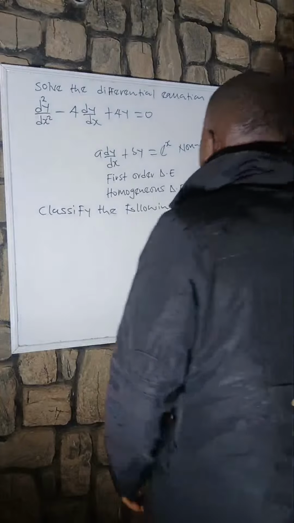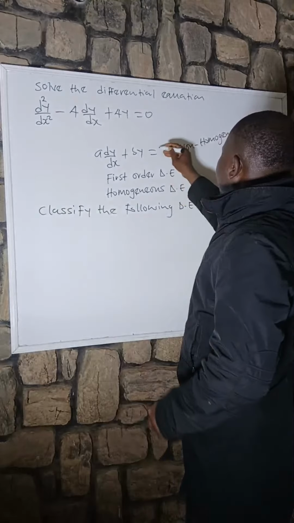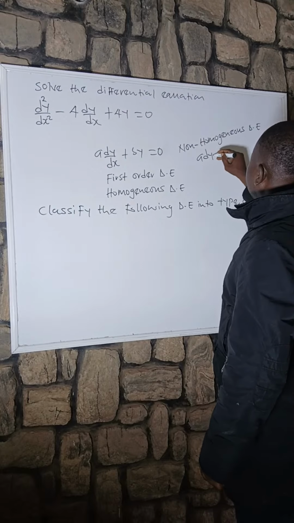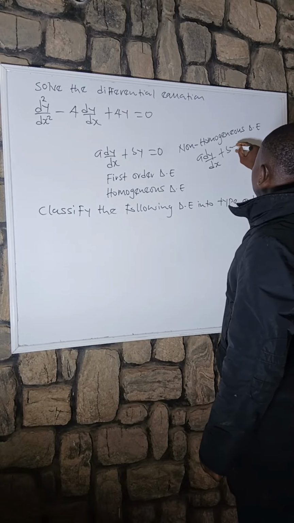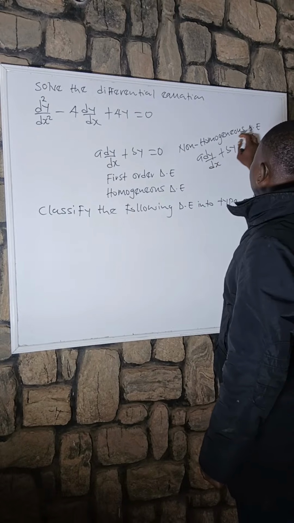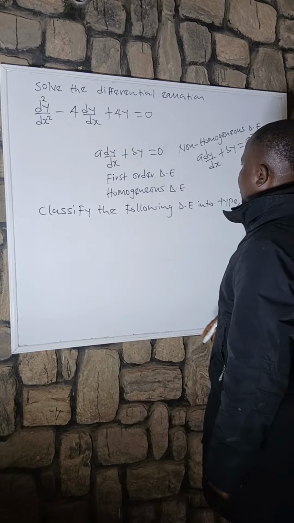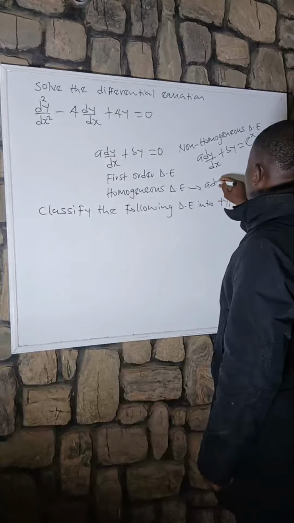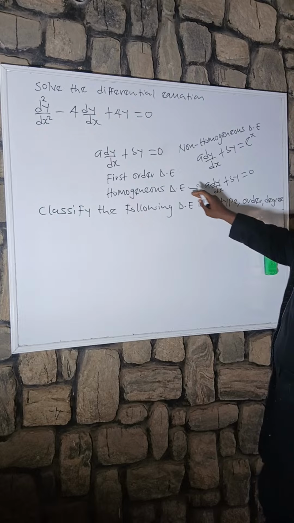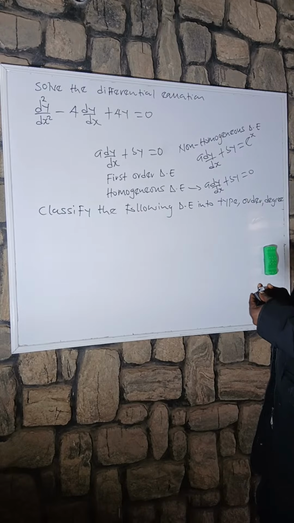So as I was saying, you can identify this. If it is in this form, dy over dx plus by equals exponential this, this is a non-homogeneous differential equation, while this one, dy over dx plus by equals 0, is homogeneous because of equals 0.